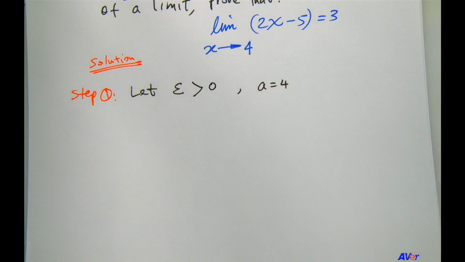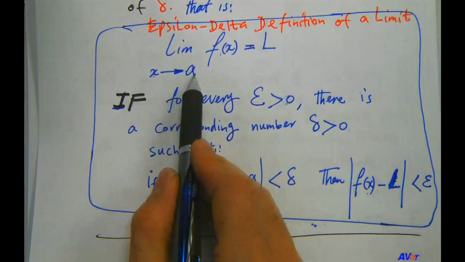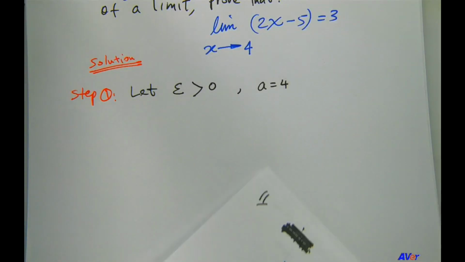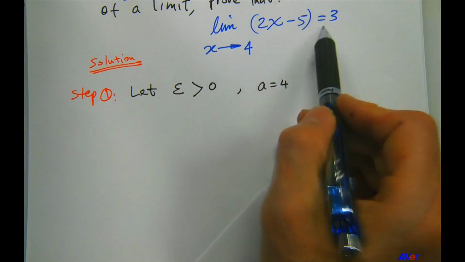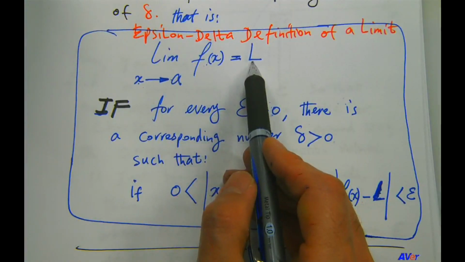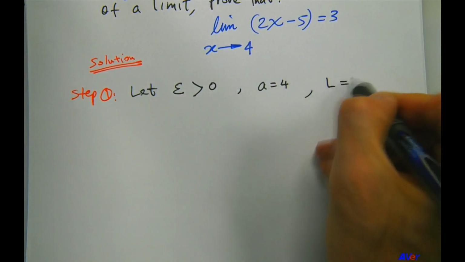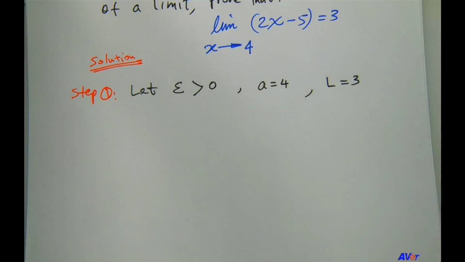I'm comparing it with this, x approaching a, x approaching 4. So a is equal to 4, and L, in our case, equals 3. Okay, so that's step 1.